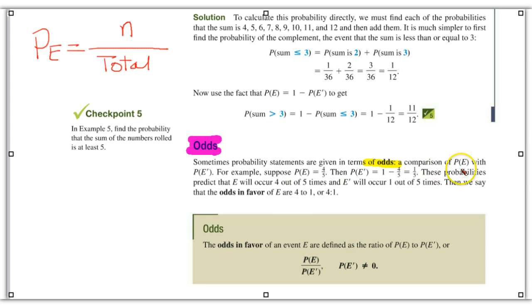For instance, if they say that the probability of something is 4 out of 5, and you want to change that to odds, well, we do so by saying the event you're looking for is going to be 4 out of, well, not out of, 1. What is the other event that's not going to happen?